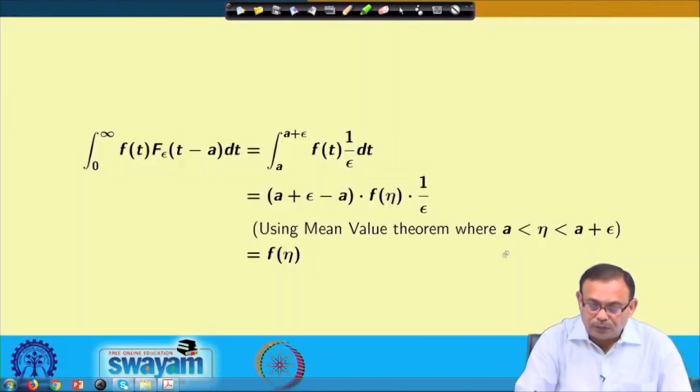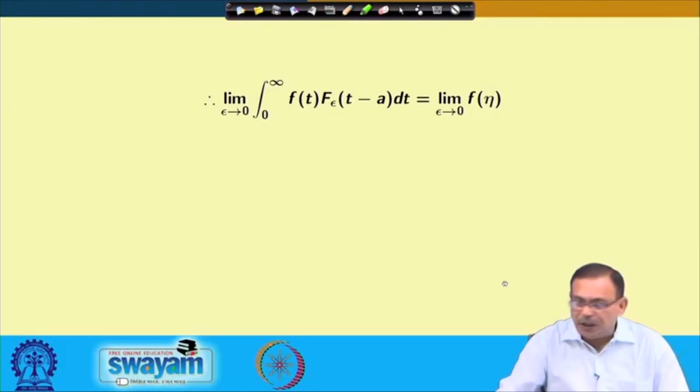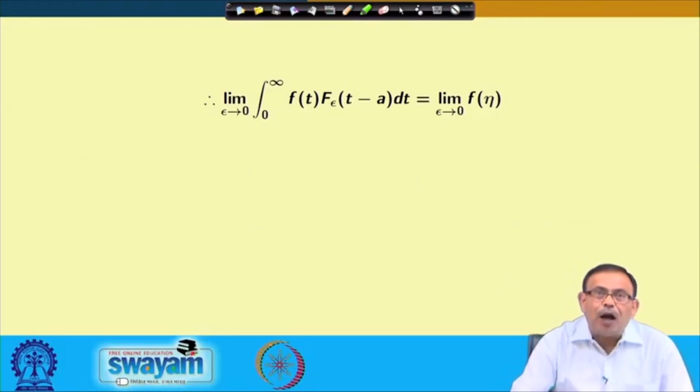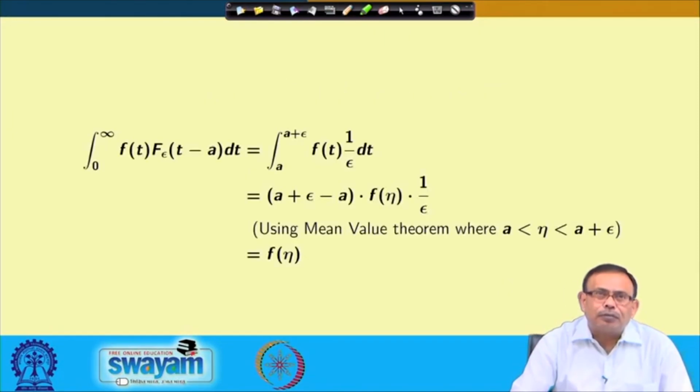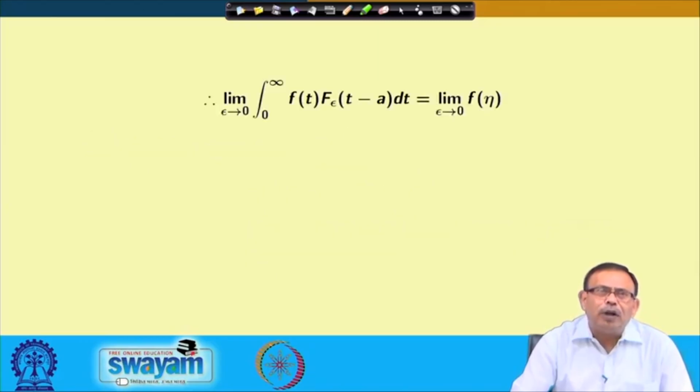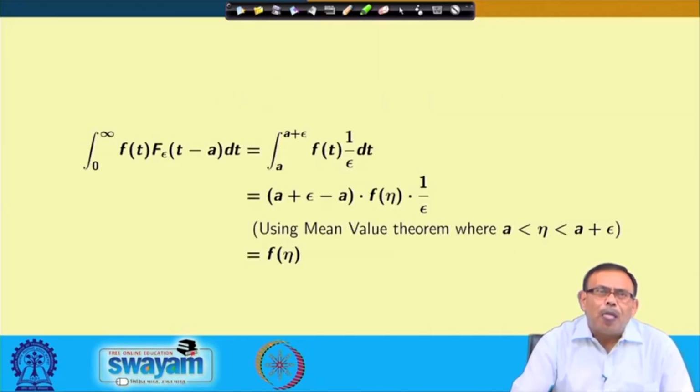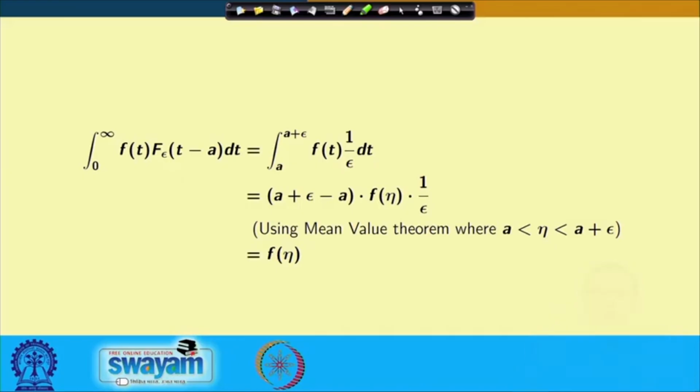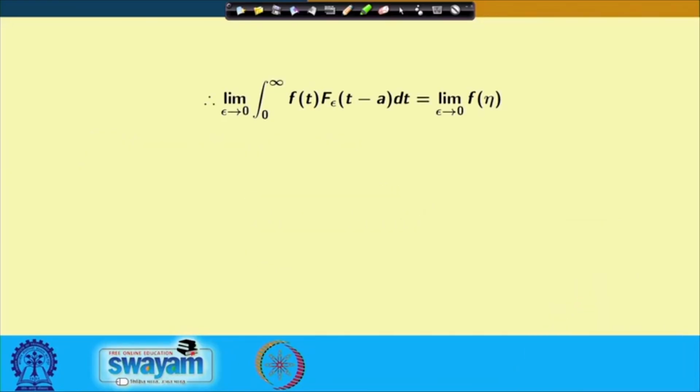So, let us see from the earlier one, I got this: integral from 0 to infinity of f(t) times f_epsilon(t minus a) dt equals f(tau), and from here I am getting the limit as epsilon approaches infinity of the integral from 0 to infinity of f(t) times f_epsilon(t) dt.